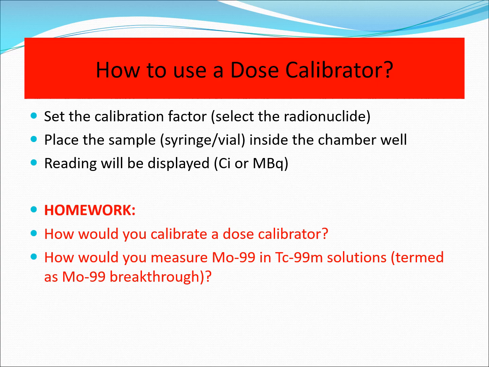In the future, we are going to have a lecture on generator systems. One of the generator systems commonly used in the nuclear medicine department is a technetium-99m generator. The parent radionuclide is molybdenum-99, which decays into Tc-99m, and you have to make sure that for every elution of the generator for Tc-99m, there should not be considerable presence of molybdenum-99.